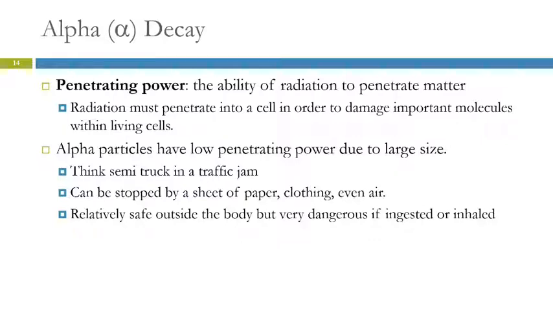So alpha particles are relatively safe or harmless outside your body, but if you inhale them or you ingest them, now your skin is not stopping them anymore, and then you're going to have a lot of trouble because they ionize things a lot. Any questions yet?